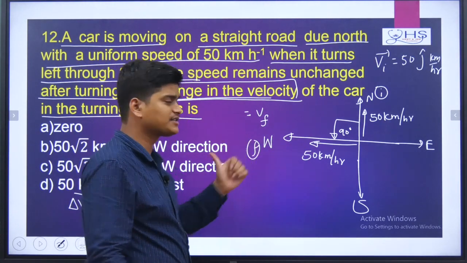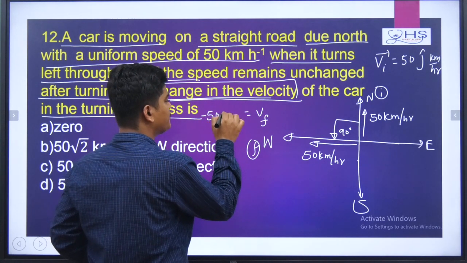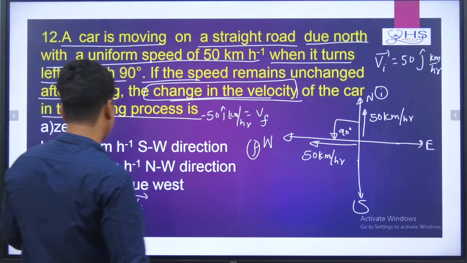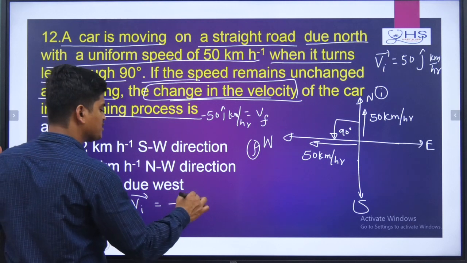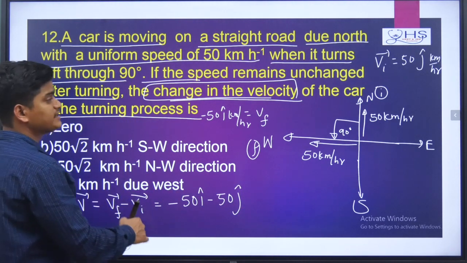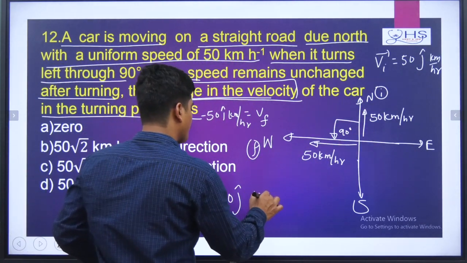West means left direction, which we take as minus, so it is minus 50 i cap km per hour. Now the change in velocity is final minus initial, so minus 50 i minus 50 j km per hour.